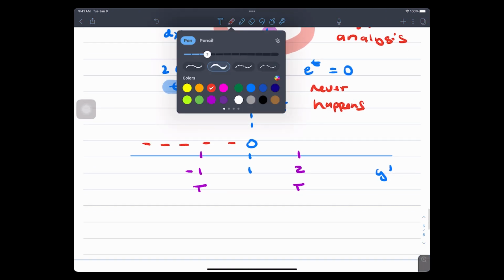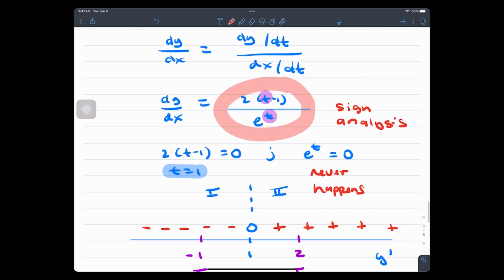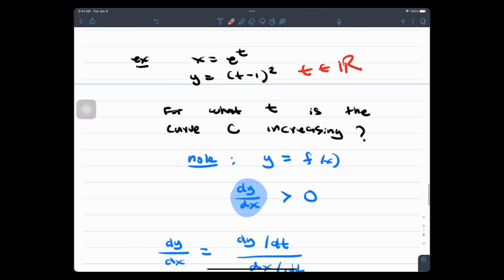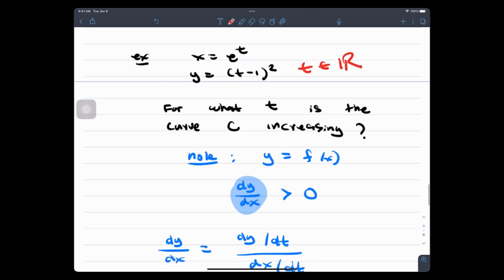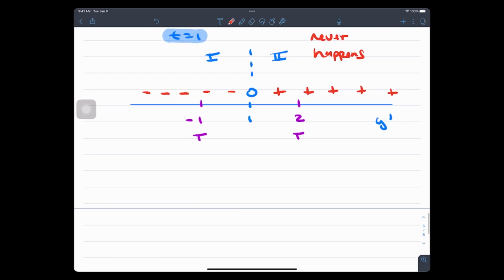So here's what you do here. We found sign analysis on that first derivative. But it's all in terms of your parameter value, t now. So when they say, for what value of t is that derivative increasing or the curve increasing? Well, it's going to be when t is greater than 1. So you have an increasing function when what?